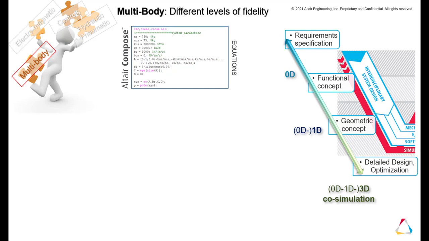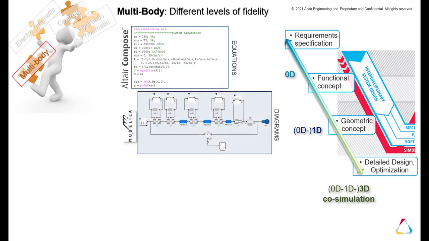If we're thinking about multi-body dynamics, this set of equations would look something like this, scripted using our Open Matrix Language. But you can choose to model that exact same system using our Modelica library for physical mechanical components, and that would look something like you're seeing in the middle here.